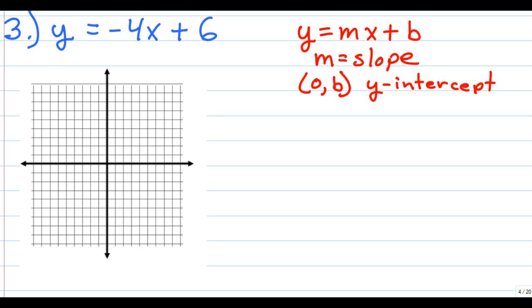So looking back at our equation, we know that our slope is going to be -4 because -4 shows in the m position, so -4. We also know that our y-intercept is going to be 0, 6.